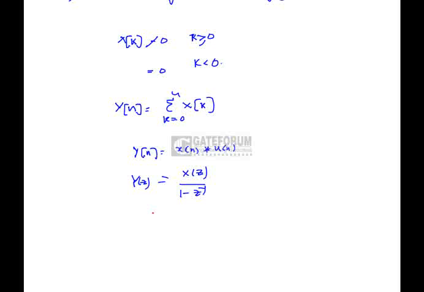So it is an invertible system, because H(z) is nothing but 1/(1 minus z inverse). We can get X(z) by multiplying Y(z) by (1 minus z inverse), and we will get X(z) back. So this system is an invertible system, hence option A is correct.